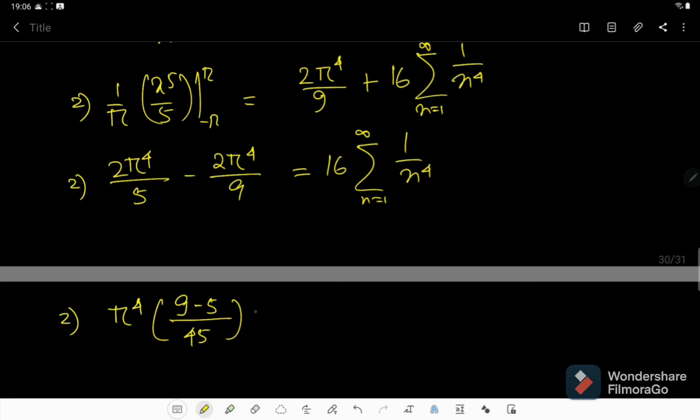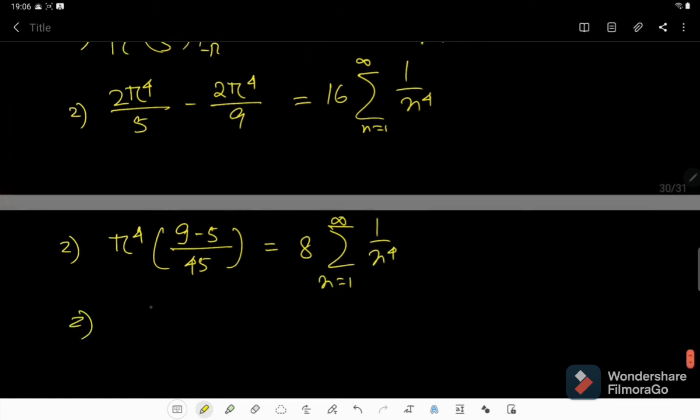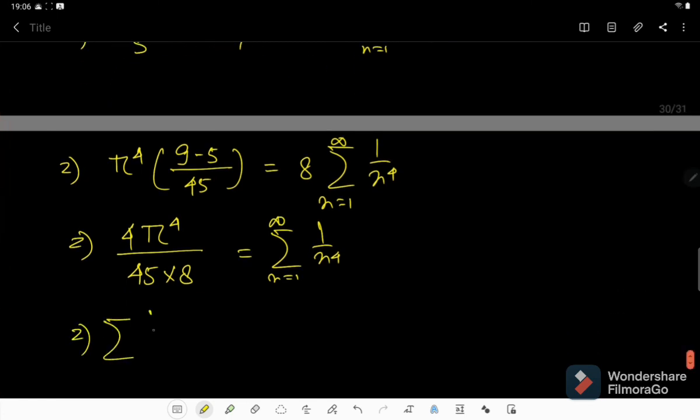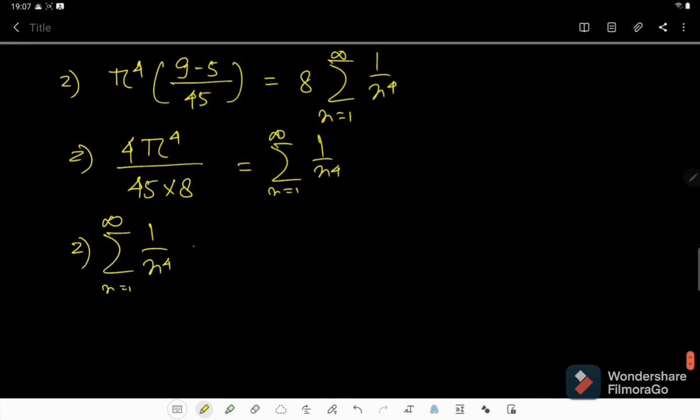9 minus 5 is equal to 8 times the sum of 1 by n to the power 4, this one, pi to the power 4 by 45 into 8 is equal to this, or the sum of 1 by n to the power 4 is equal to pi to the power 4 by 90.